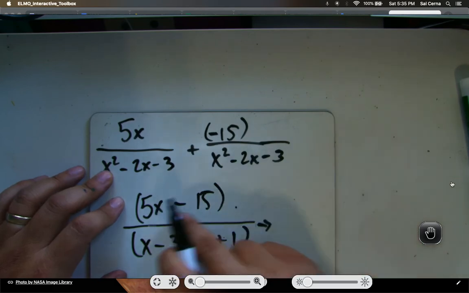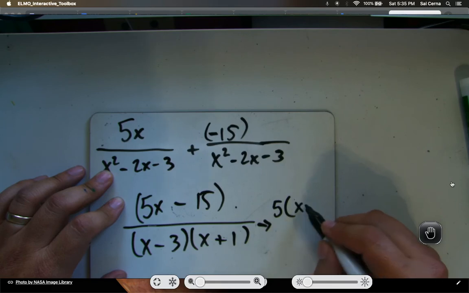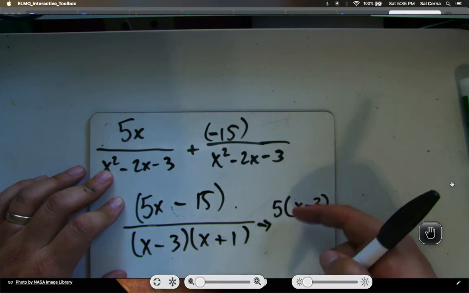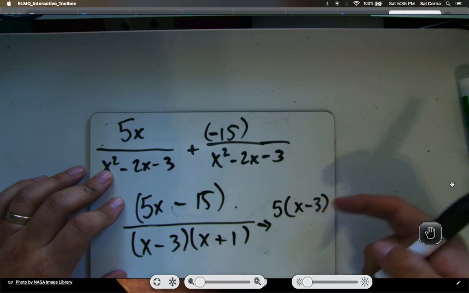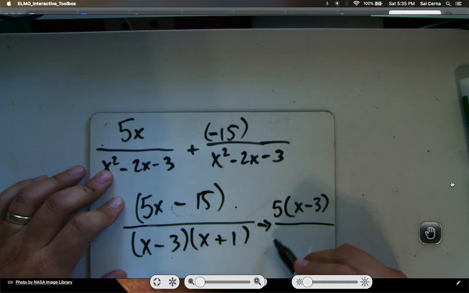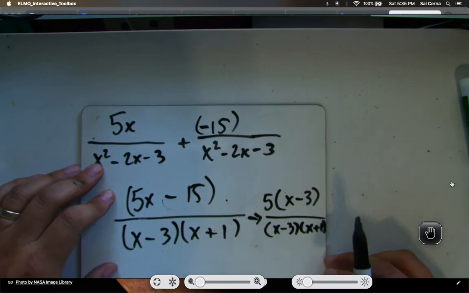I can't do x because this is a constant. So I have 5 times x minus 3. And if I would distribute 5 times x and negative 5 times 3, I get my original expression in the numerator. And at the bottom, look what I have. x minus 3, x plus 1. You can barely see that.